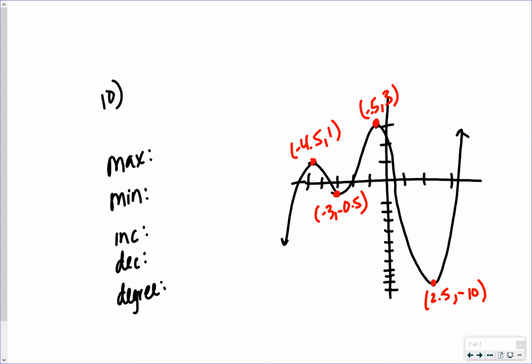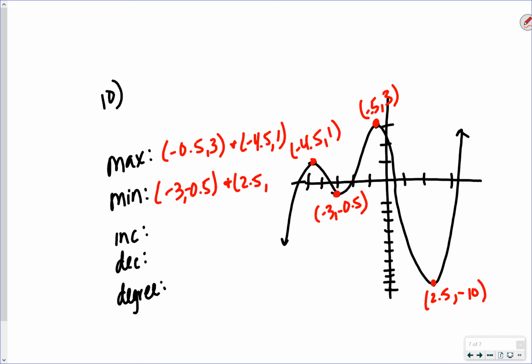So my maximum is going to be my -0.53 and -4.51. My minimums are the low values, -3, -0.5, and 2.5, -10.